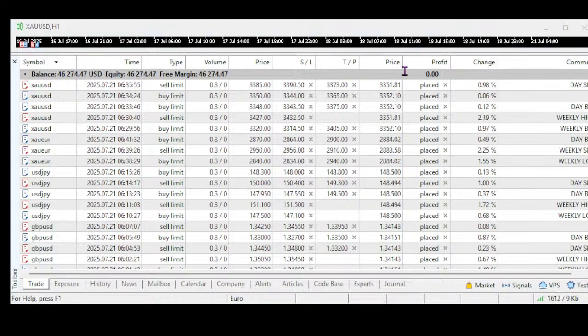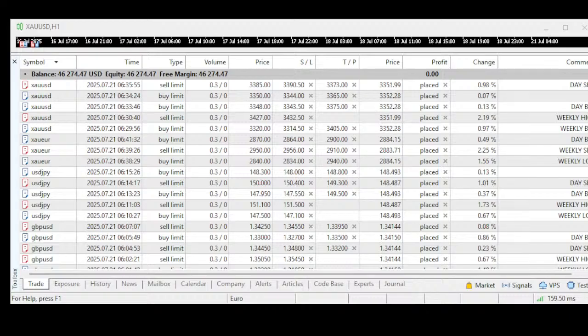Okay, day sell, we look for 2911, and remember the counter trend, we should put a target because we don't expect a very big move happening.